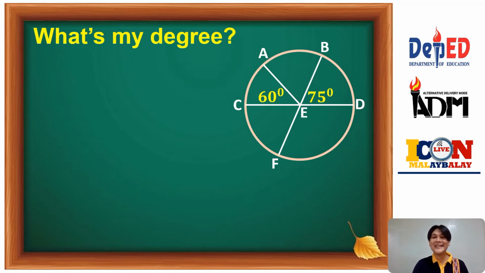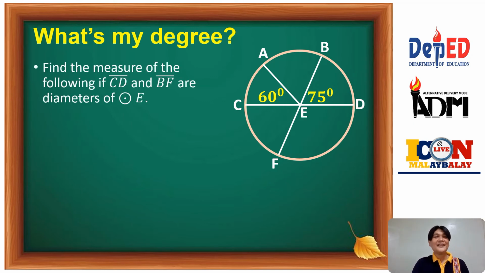What's my degree? Using the figure of circle E, find the measure of the following, if line segment CD and line segment BF are diameters of circle E. You can see it there in the figure. Number 1, find the measure of angle AEB.